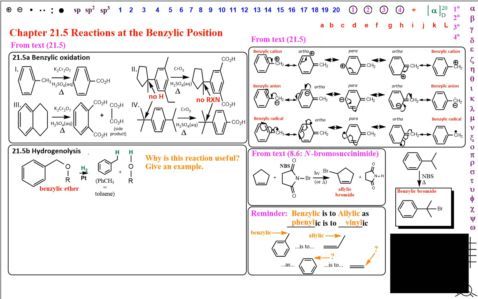Our final discussion on benzylic reactions is called hydrogenolysis. It only works properly with benzylic ethers. Hydrogen will perform what's called a homolysis of this sigma bond, placing an H on each side.